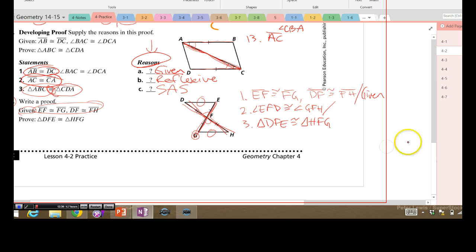Because why? Because vertical angles are congruent. And all you have to write is vertical angles there. So now I've just proved that this side, this angle, and the next side match up with this side, an angle, and the next side. So that means that this triangle is congruent to this triangle by SAS.